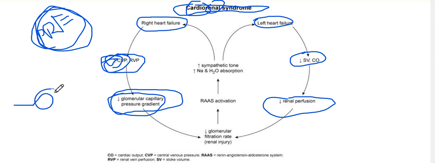This renal artery forms multiple veins, and that ultimately leads to the renal vein. This is renal vein, this is renal artery. So when this pressure increases, the gradient that actually leads to the filtration in the glomerulus is affected.